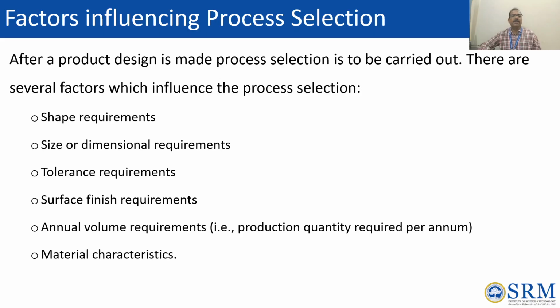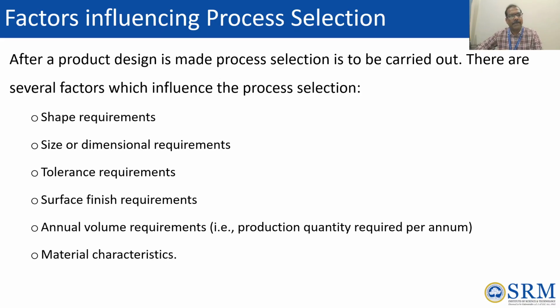But if it is a square or rectangular component, then we may need to go for a drilling machine or milling machine, a surface milling machine kind of thing. If it is a cylindrical component with some thickness, then we may go for a gear hobbing machine. So depending on the shape requirement, we need to choose the process.